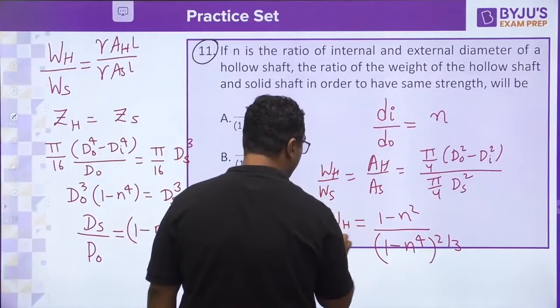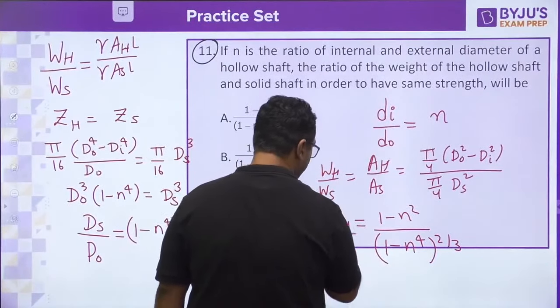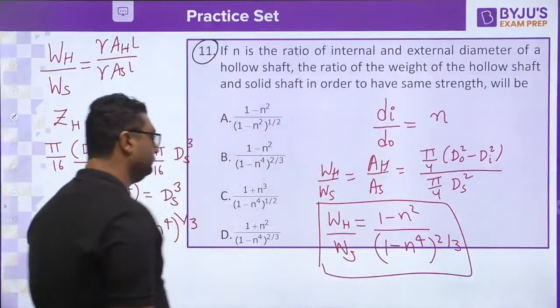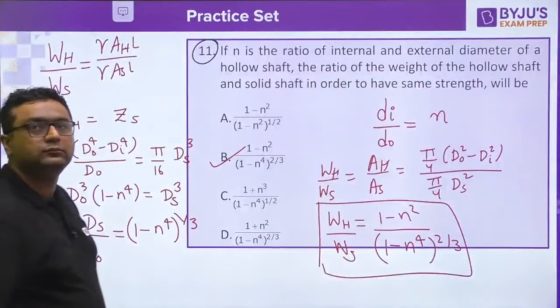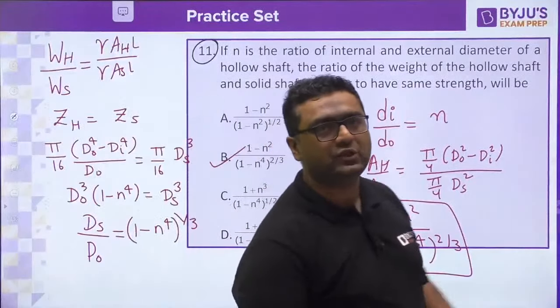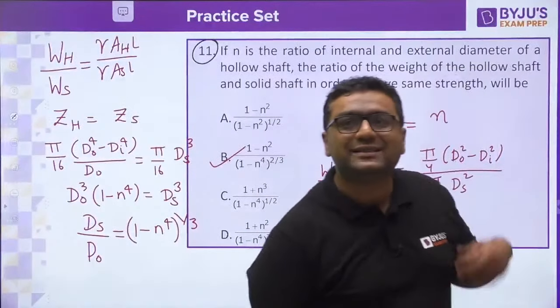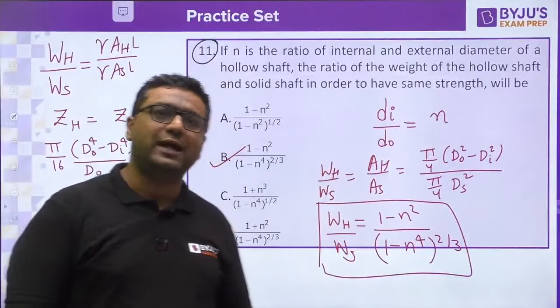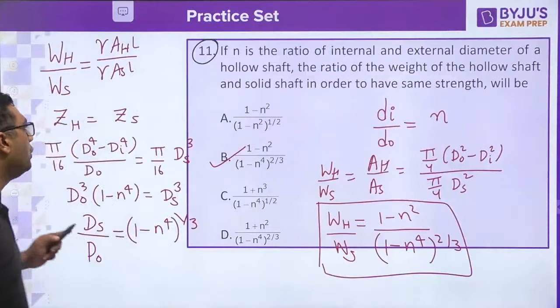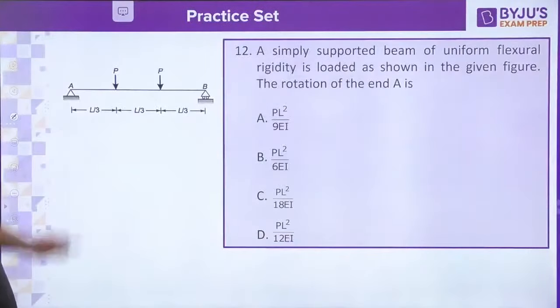This is weight of hollow to the weight of solid. Very good, guys. Wonderful, guys. So this is how you can find out the answer to this question. Let us move to the next question.